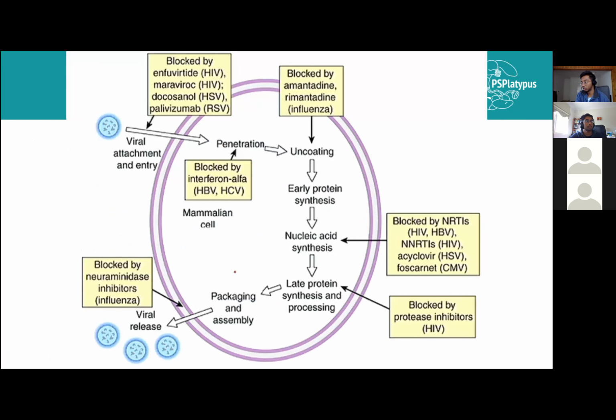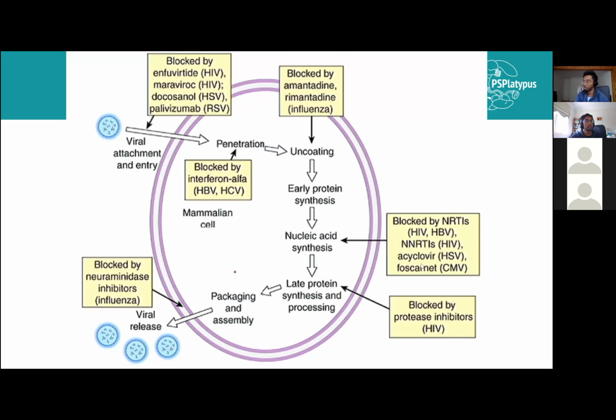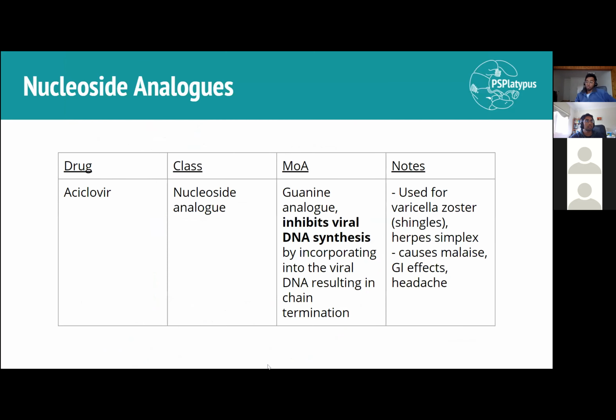For nucleoside analogs, we're looking at acyclovir, which is the fourth line down on this diagram on the right. They're essentially targeting nucleic acid synthesis. The way it inhibits DNA synthesis is by being an analog for guanine and incorporating into the DNA, which results in chain termination.